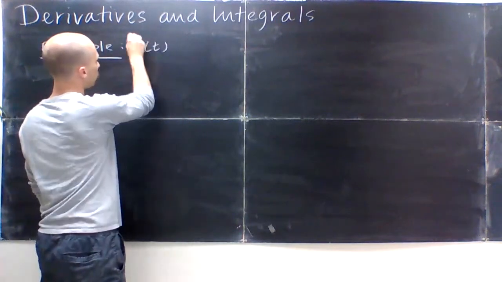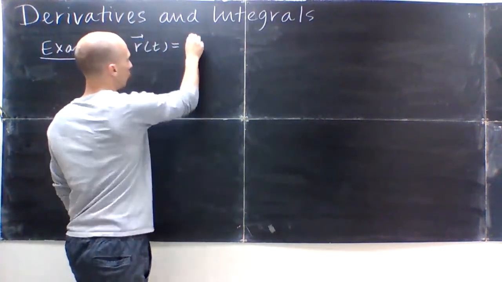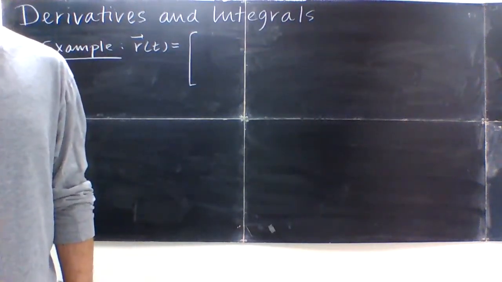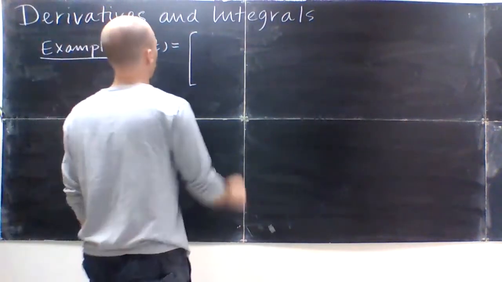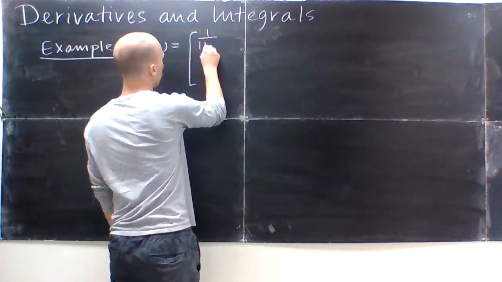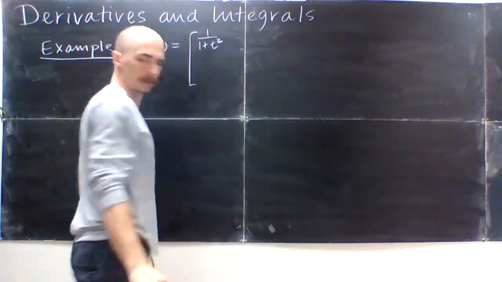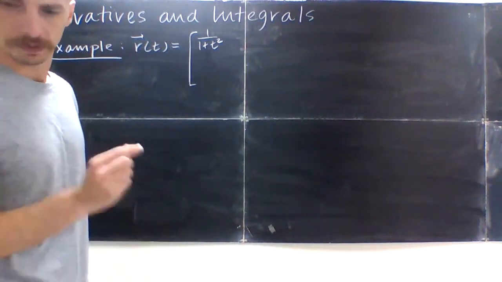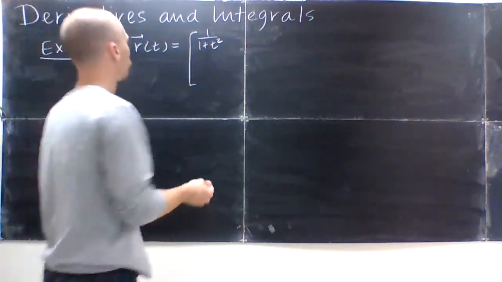If r of t is equal to, maybe I'll write it as a vector like this: 1 over 1 plus t squared, cosecant squared of t, and sine of 2t. Should have looked at more than just the first component.